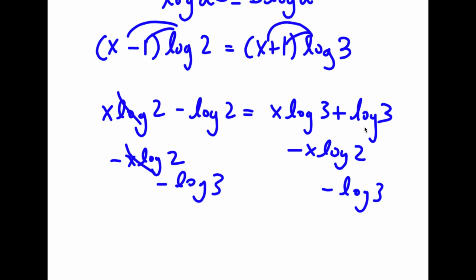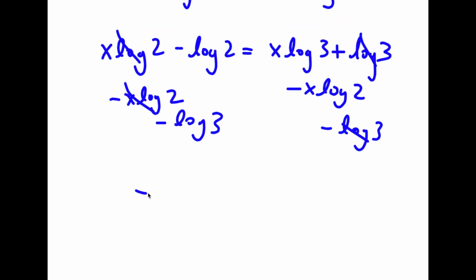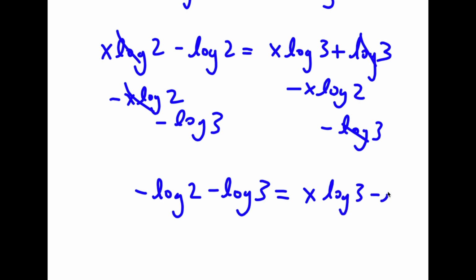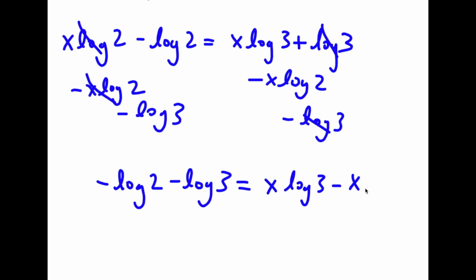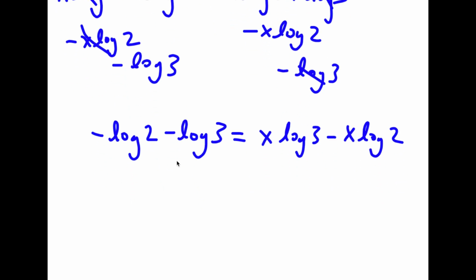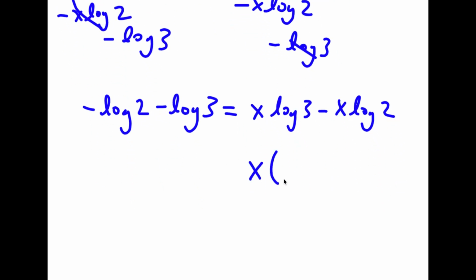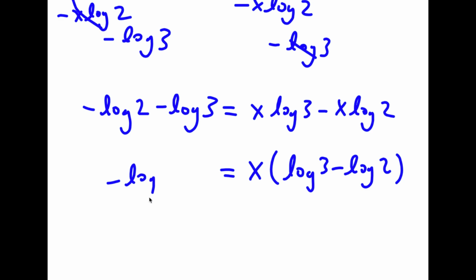So then these two cancel out, and I have negative log 2 minus log 3 is equal to x times log 3 minus x times log 2. Now if I factor out x from here, I get x times log 3 minus log 2 is equal to negative log 2 minus log 3.